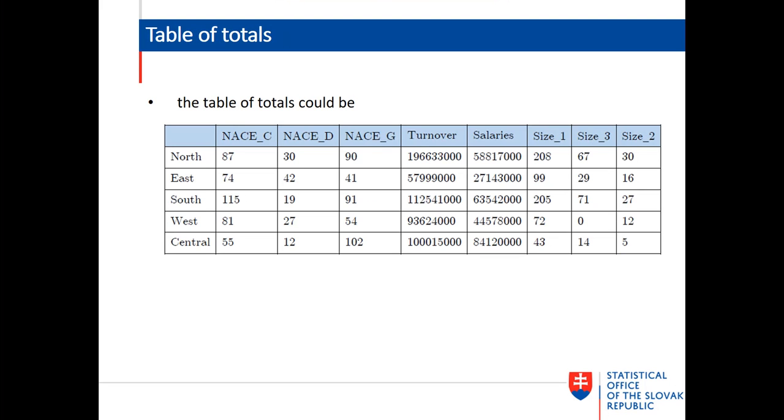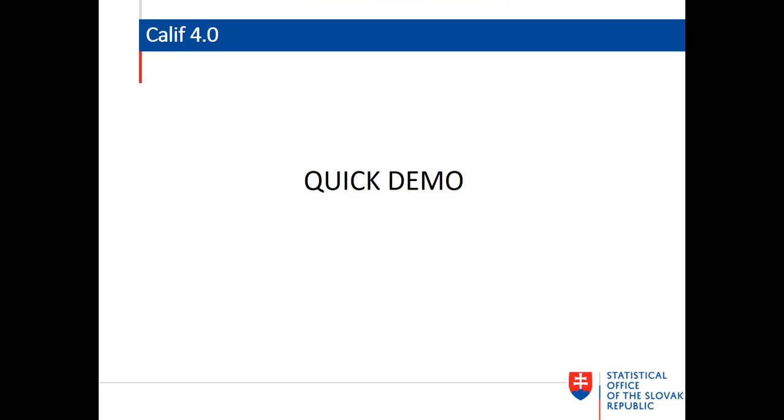So the table of totals could look like this: numerical variables with the grand totals per each stratum, let's say, and then the frequencies or the sum of weights for each category of a categorical variable. So this is just some kind of example. And let's check the Calif itself.